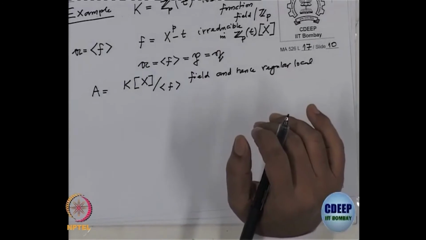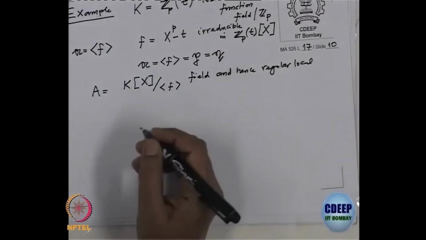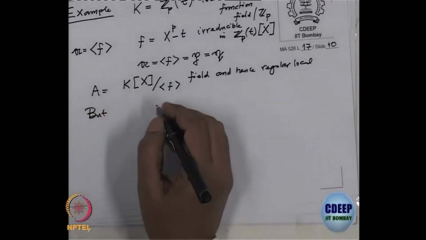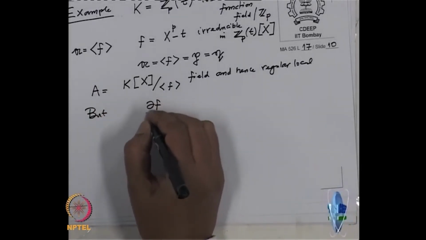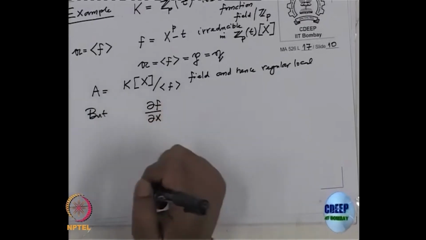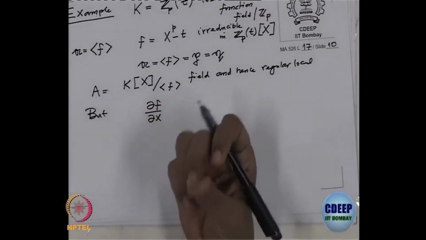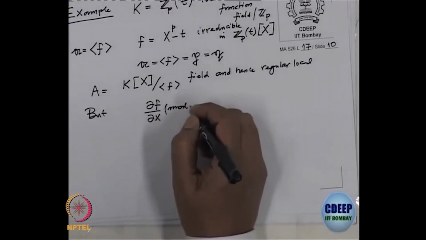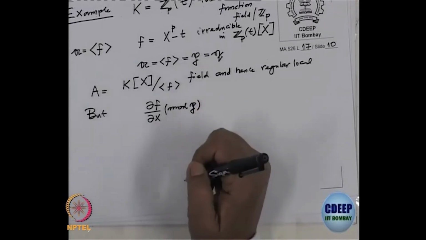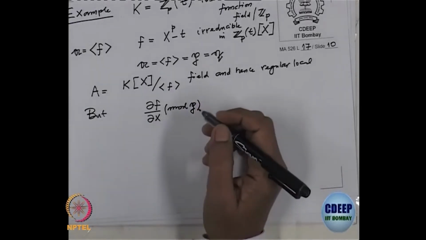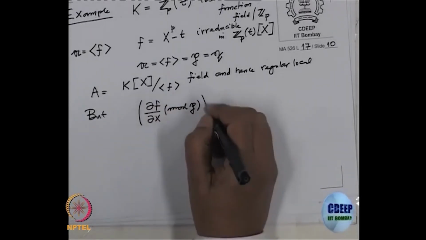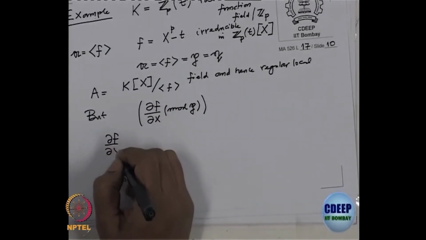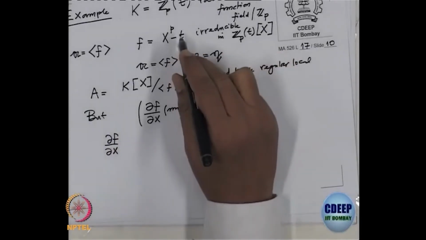Now, let us see the Jacobian matrix and the rank. The Jacobian matrix is now df, there is only one equation, so only one entry. So, this is a 1 cross 1 matrix, and this I have to read mod P, right. But what is this? What is first of all df by dx? I have to differentiate with respect to x.